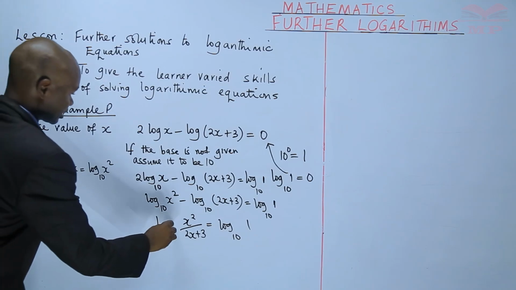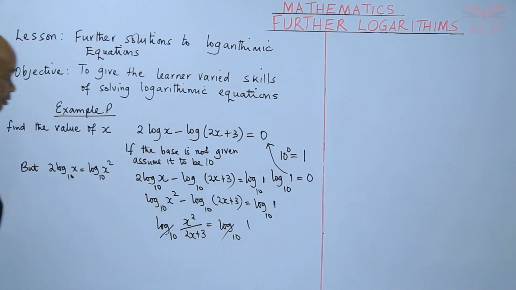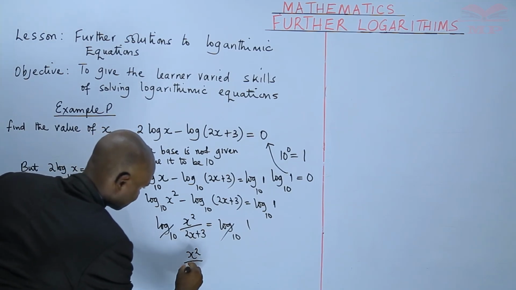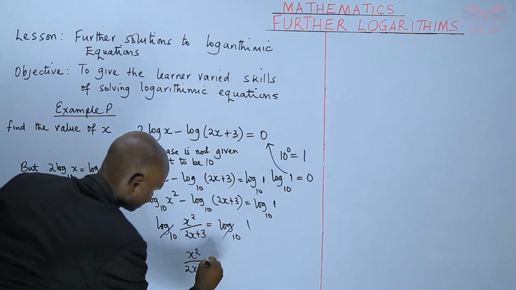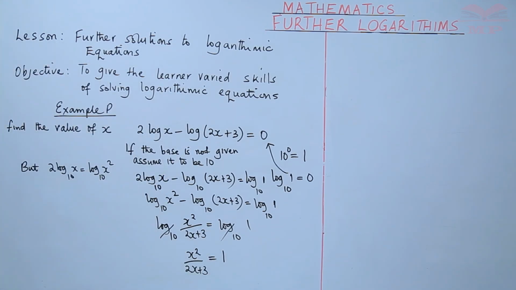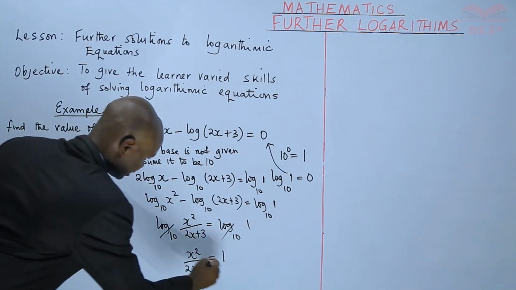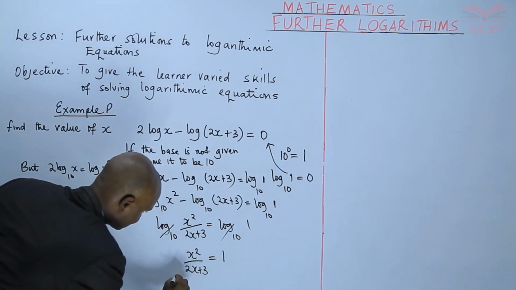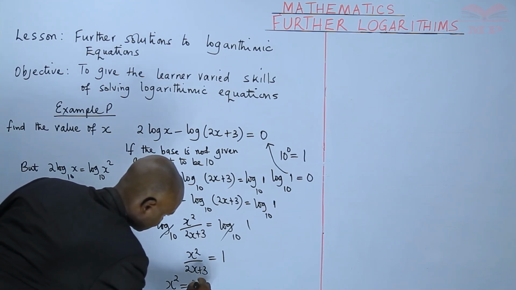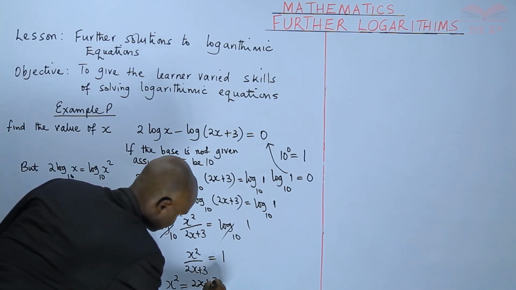So actually base 10 is common, it can cancel. So you'll have x squared over 2x plus 3 is equal to 1. So we continue, learner, cross multiply. x squared is equal to 2x plus 3.